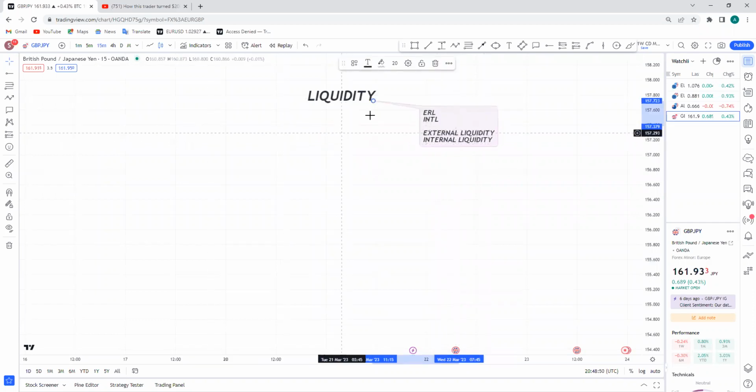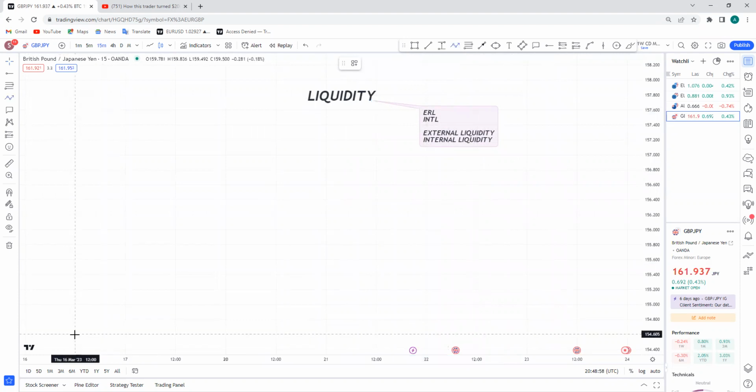When we are talking about liquidity, we have two types of liquidity: external liquidity and what? And internal liquidity. Now, let's draw something like this. Let's draw a structure.